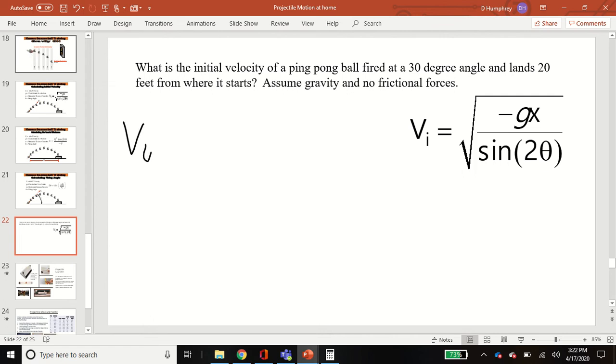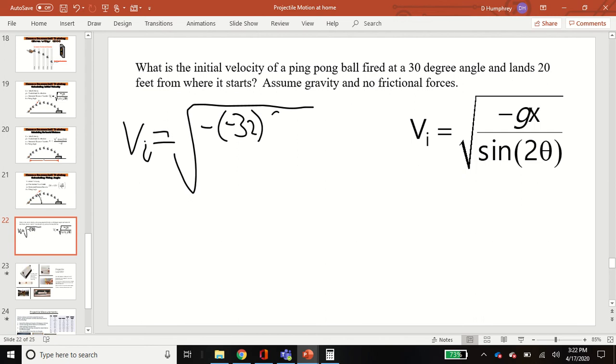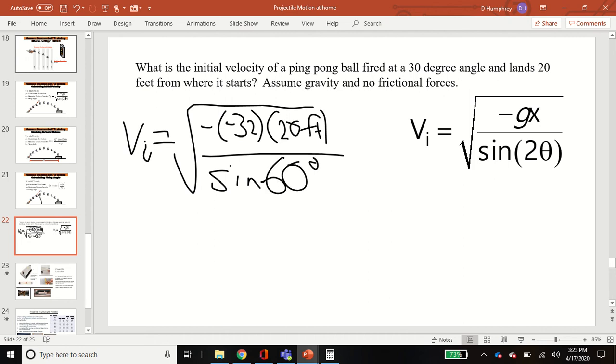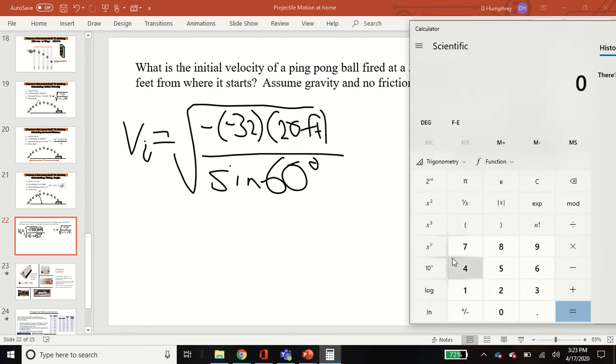So v sub i equals square root of negative, I'm going to put it in there, but it's a negative 32 times my x, which is 20 feet, all over sine of 2 times theta. I'm not going to do it in the parentheses, 2 times 30, so it's going to be the sine of 60 degrees, okay?